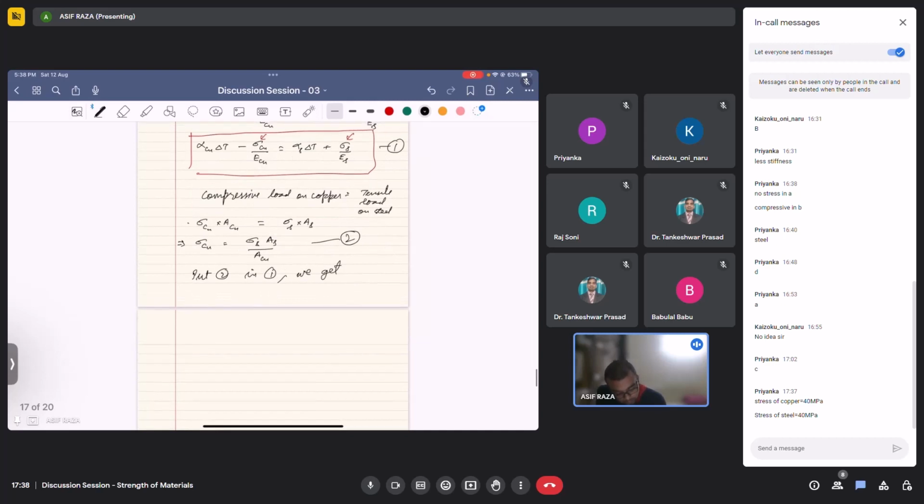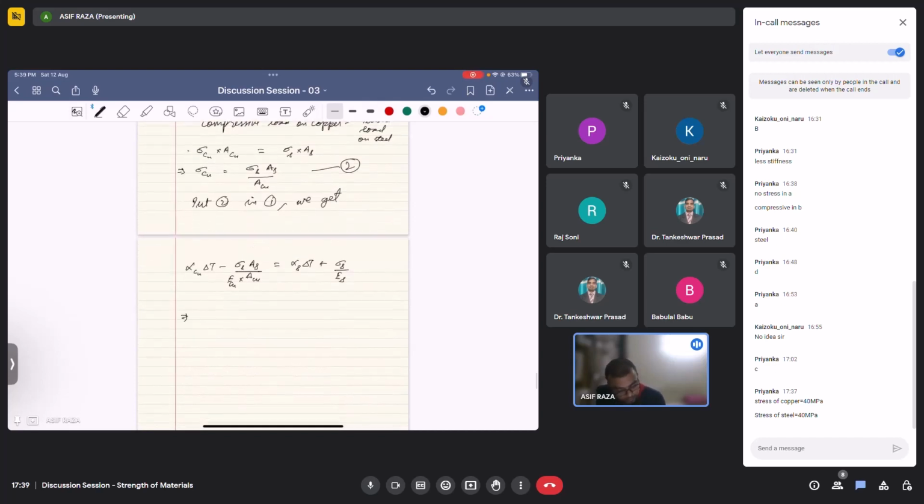So that would give me alpha Cu delta T minus sigma Cu is sigma S AS upon ACU equal to alpha S delta T plus sigma S ES, ACU times ECU.